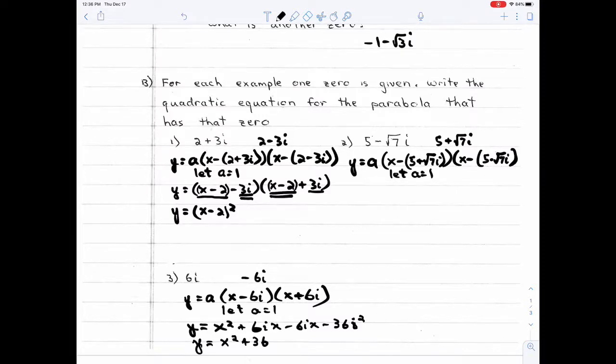Again, take a look at the way x minus y and x plus y multiply. You end up with x squared, the middle term goes away, minus y squared, because the middle terms end up being opposites of each other. All right? So I'm going to do the same thing.